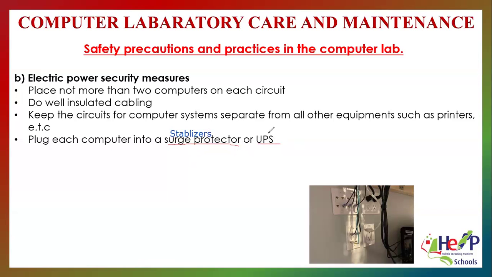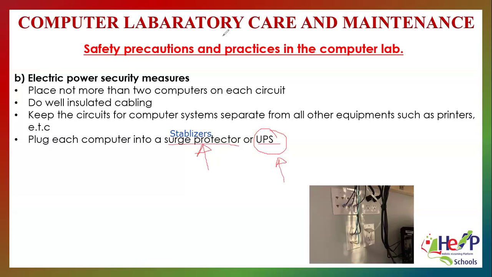It can also step them up and down. So the UPS does everything a surge protector can do, but it also stores the power. This one is slightly expensive because it does two things at the same time. This one is also very important, but slightly cheaper.